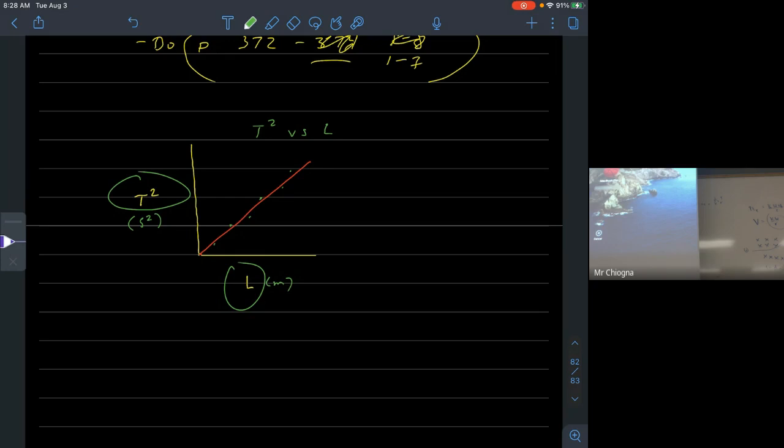So 100. Oh, so I guess if you have that much kinetic energy, max kinetic energy also equals potential energy.